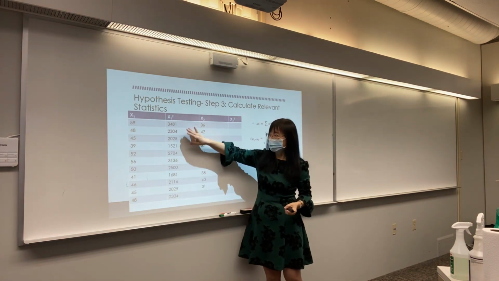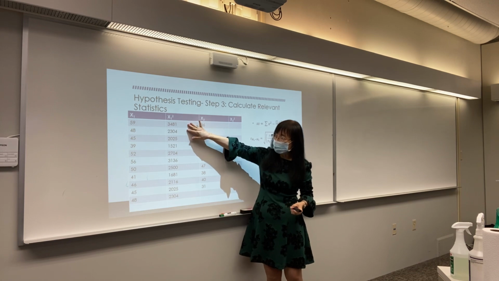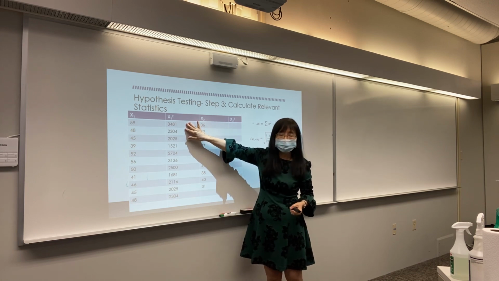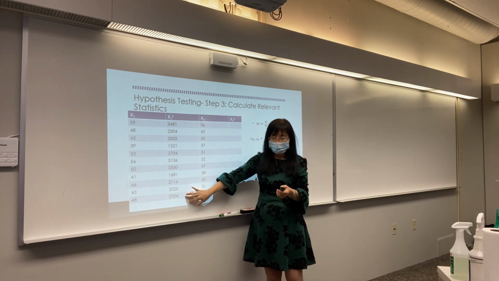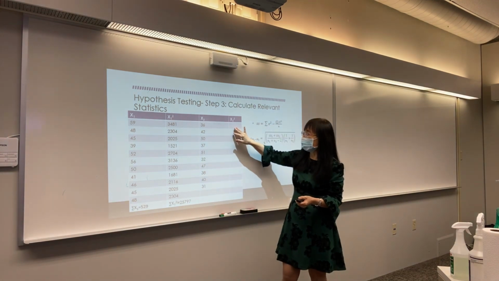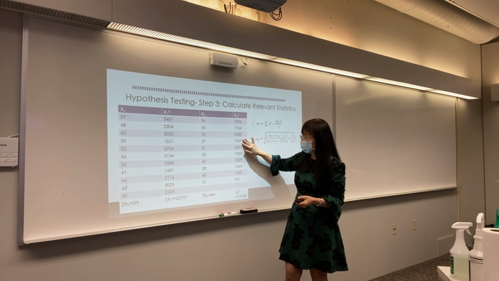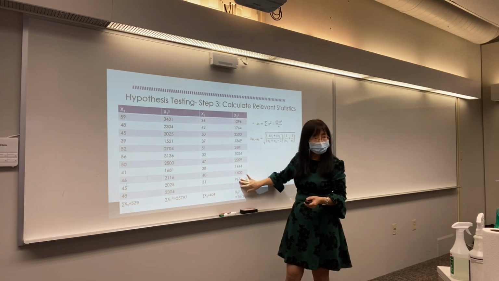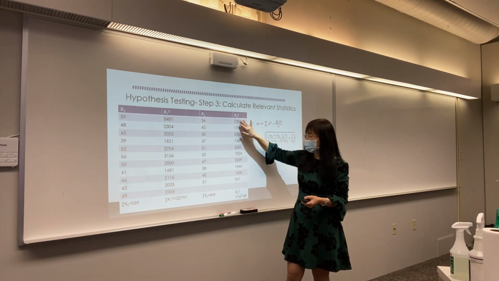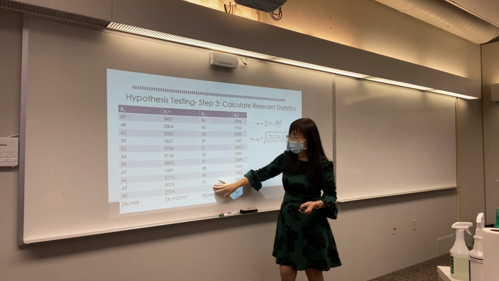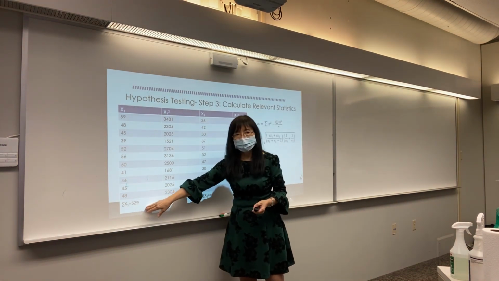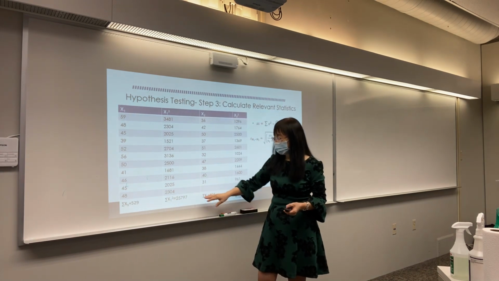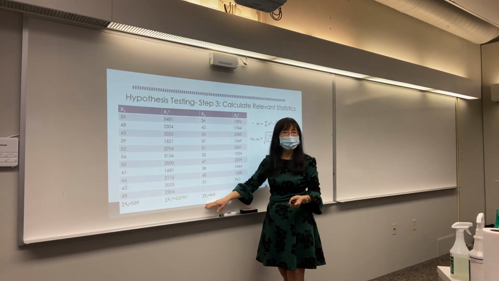Just look at the numbers, as long as you know they come from squaring. Square each of these numbers, and here too. After you square, then what you have to do is add them together.